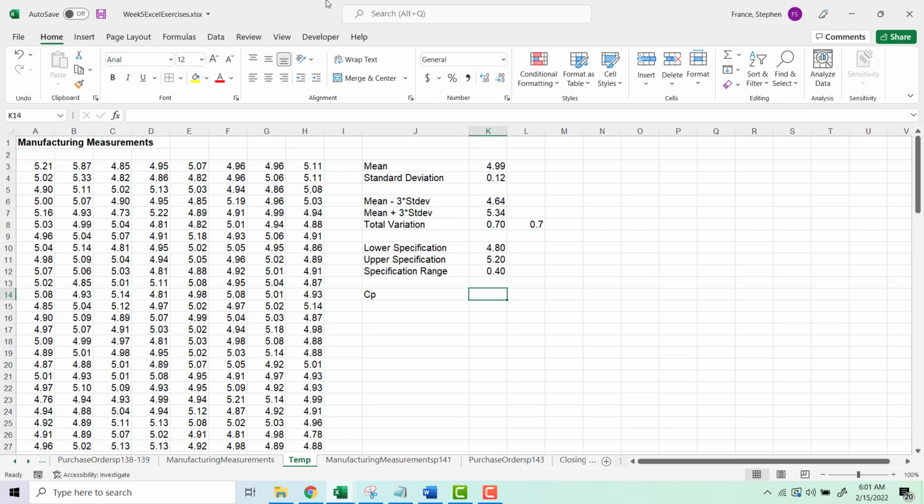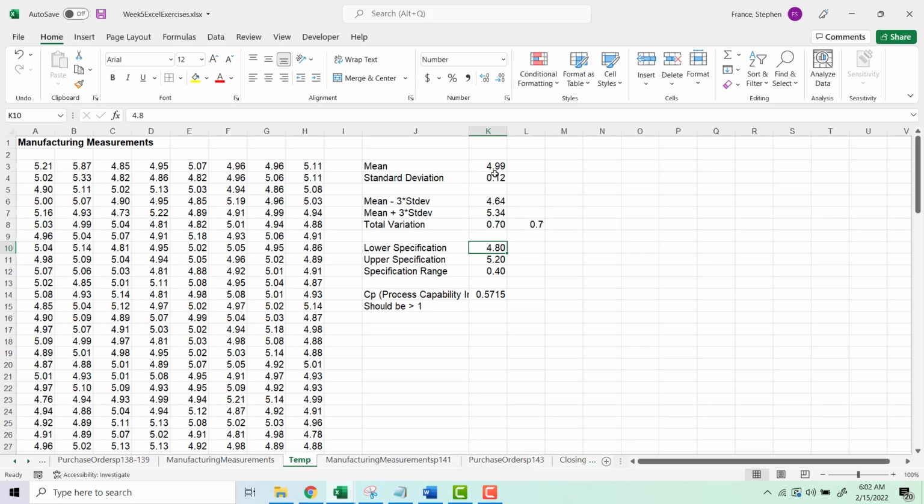And what this process capability index does, I'll just call it that so we're not confused, is it's just our quality standards divided by our Six Sigma. Now, ideally, this should be greater than 1. Our Six Sigma should lie within our specification range.